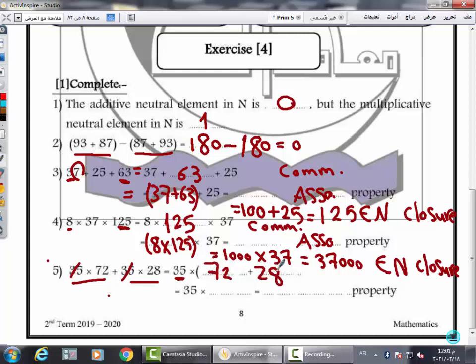This is called associative property, and we will make addition. 72 plus 28 equals 100.